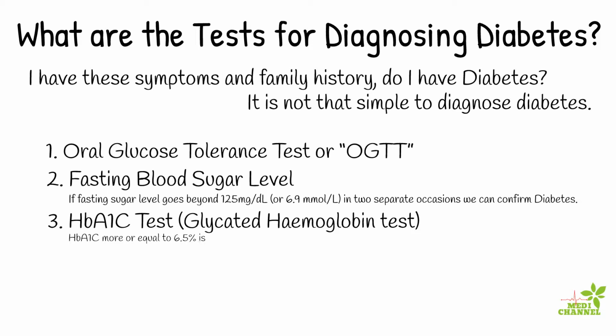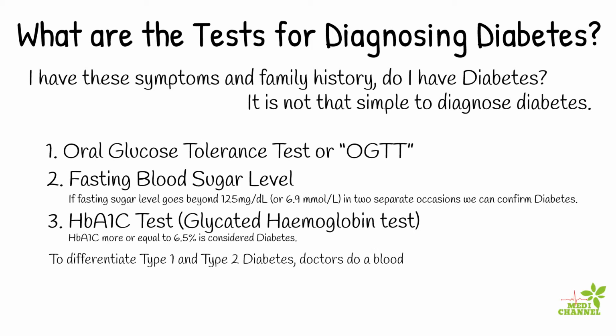Third, the HbA1c test. In this test, doctors check the glycated hemoglobin level, which shows the concentration of sugar molecules bonded to hemoglobin in our blood. If HbA1c is more than or equal to 6.5%, it's considered as diabetes. We can perform this test at any time.